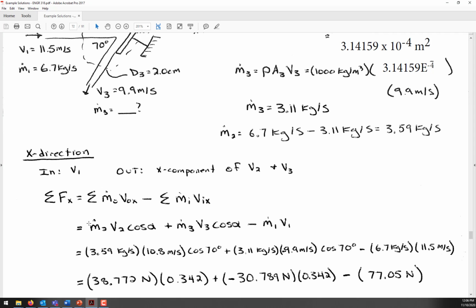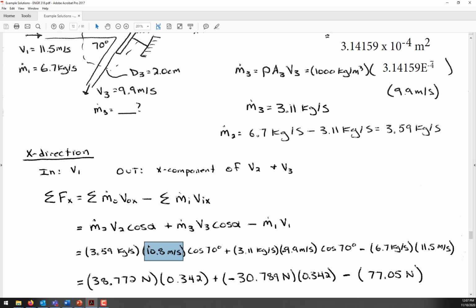Okay, so the mass flow rate at 2 we had previously calculated through the continuity equation, by subtracting 3 from 1 is what gave us 2, and then the given velocity at 2 is to the right. That's the outflow that's going up and to the right.